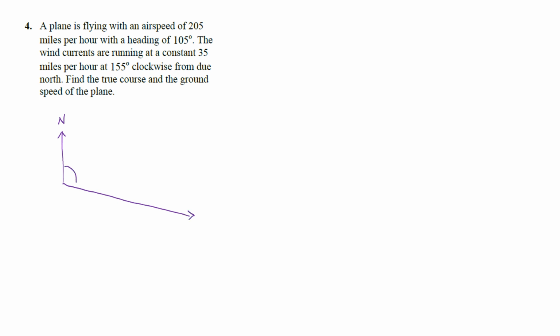It has a heading of 105 degrees, and its airspeed is 205 miles per hour. So we'll give that B. So the speed, airspeed, and direction of the plane will be V.